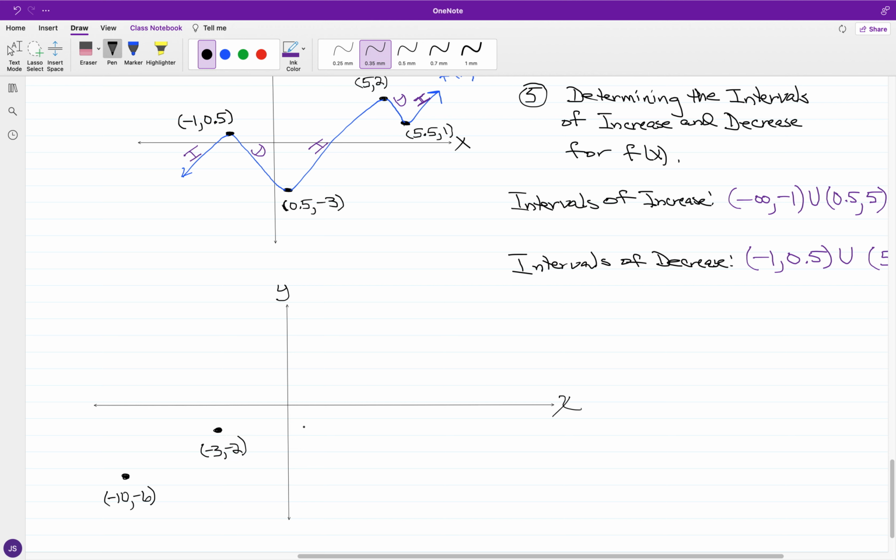Let's have 1, -5. I also have 3, 2. Again, these are just XY coordinates. Now say we have 4, -1. And then we finally have 5, 6.